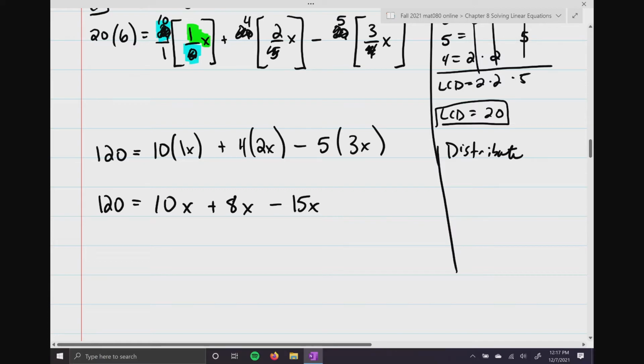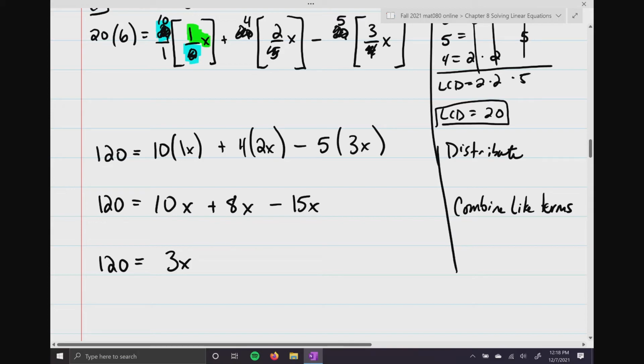Step 3, I'm going to have to combine like terms. Now, these are the terms on the right-hand side that I'm going to combine. They all have an x, and it's all raised to the first power. So 10 plus 8 is going to be 18 minus 15 is 3x. And you have 120 on the other side.